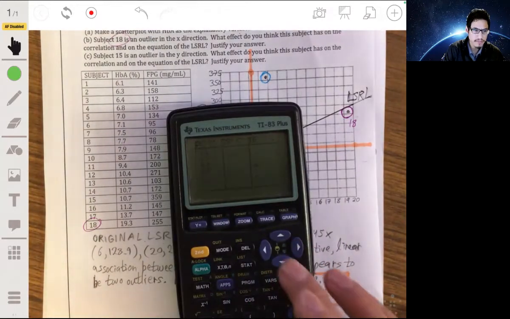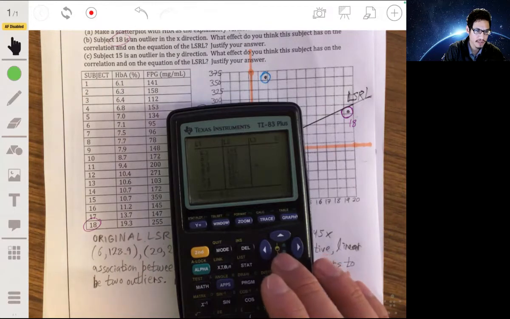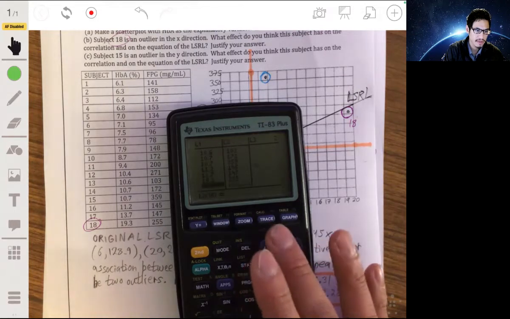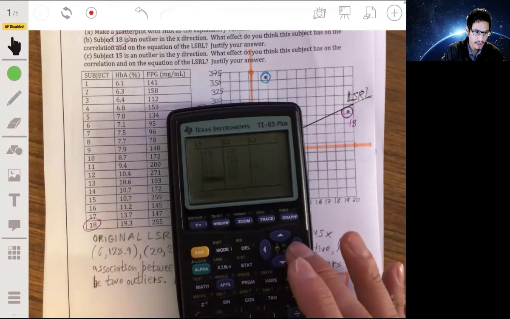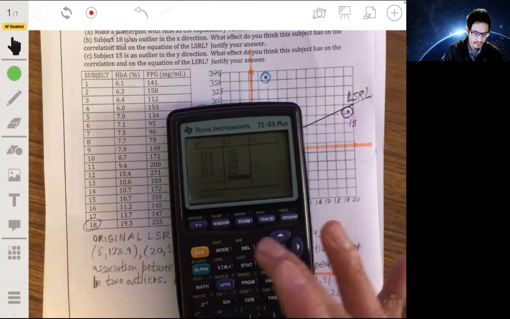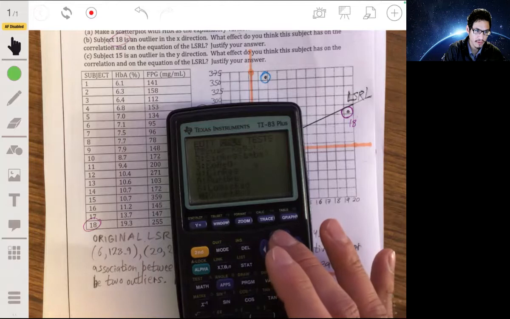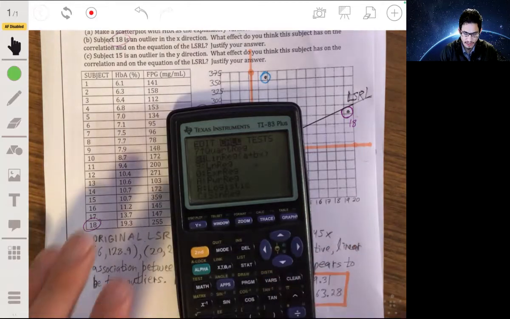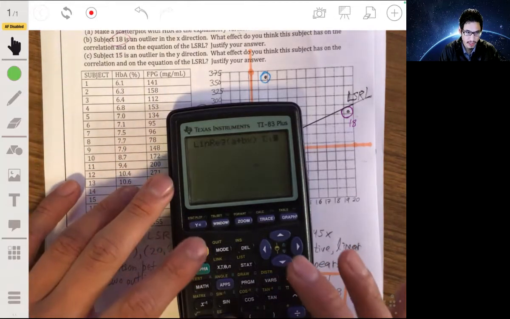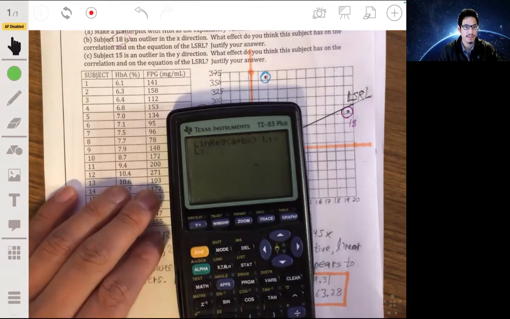We're going to delete subject 18 from both lists. Make them vanish. Now we're going to run the linear regression analysis with subject 18 gone and see what happens.